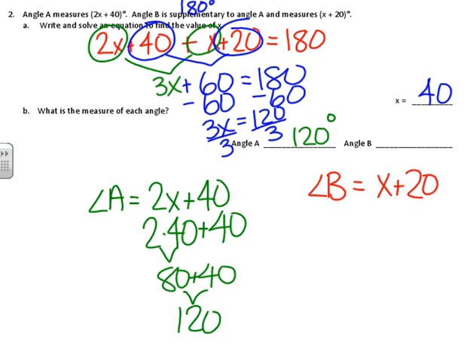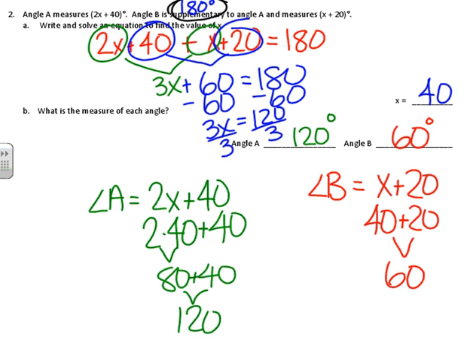So we're going to substitute in 40 for x and get an angle measure of 60 degrees. So angle B is 60 degrees. Now, one last thing to check. They're supposed to add up to 180. So take your two numbers, add them up, and make sure that they are supplementary. That way, if you made a simple computational mistake, you'll catch it at that step.